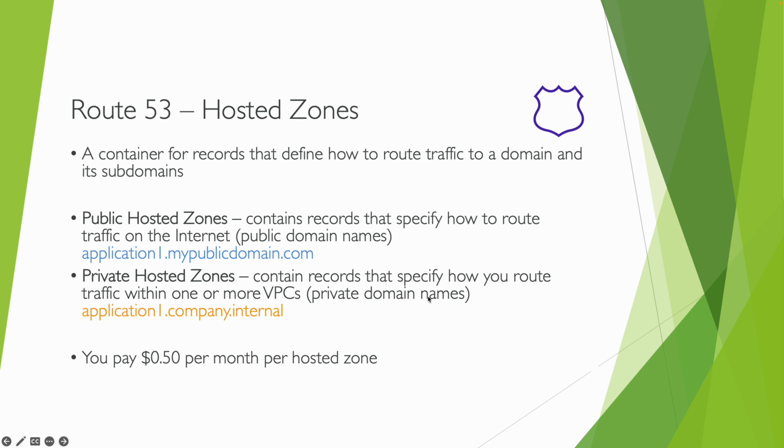So these are private domain names. This won't be internet facing, it will check within the private VPC only. So public hosted zones are open to the internet, and private zones are internal within the VPC. That means they are not connected to the internet, and they won't search for the domains on the internet. They'll search for the domains only in the local or private VPC.